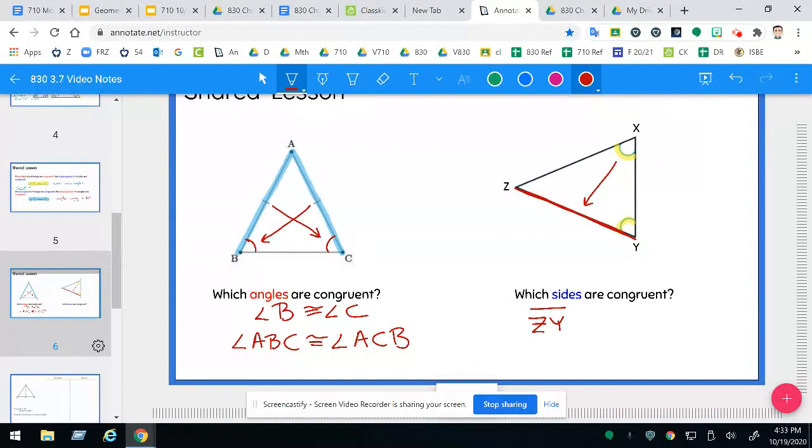And we can also identify segment ZX as being congruent. Okay. So that's how you use sides imply angles on the left and angles imply sides on the right. Okay, that gave us those congruent sides. We'll mark up our diagram. All right.